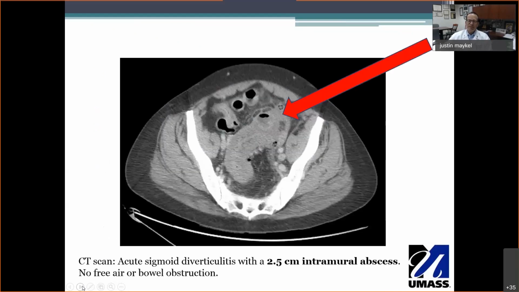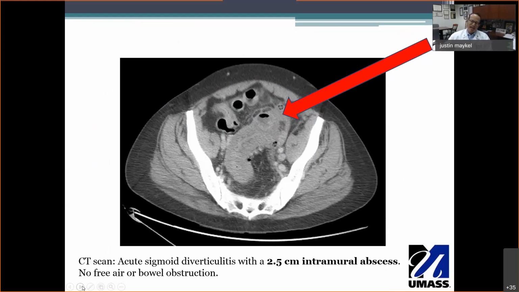Next. So like all patients who come through any emergency room around the world, she had a CAT scan. And you can see here that the CAT scan shows pretty impressive sigmoid diverticulitis with wall thickening, surrounding inflammation and stranding in the fat surrounding the sigmoid colon.